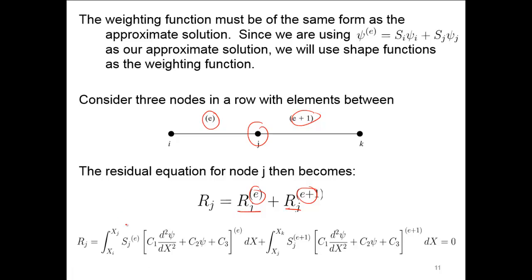Combining those, here is our shape function at node j for element e, and here's the shape function for node j at element e plus 1. Here's our governing differential equation. We integrate dx from i to j, and then dx from j to k, and we get those 2 forms of our equations.